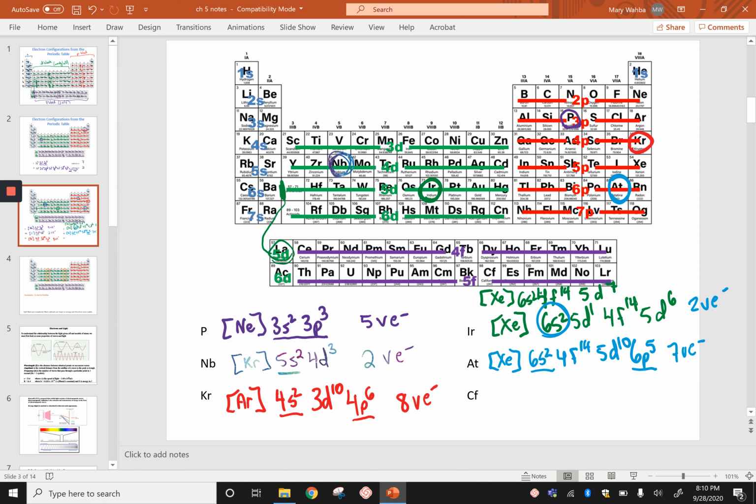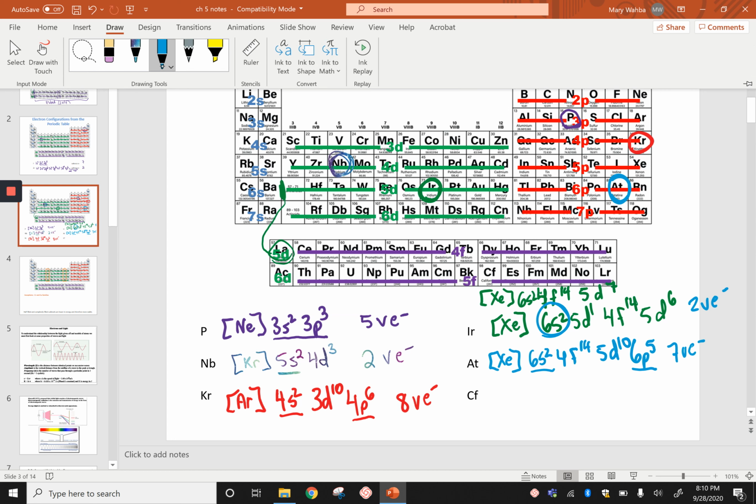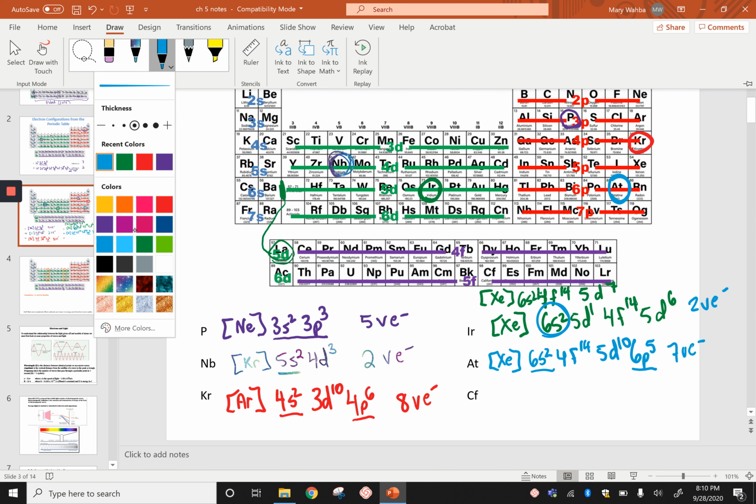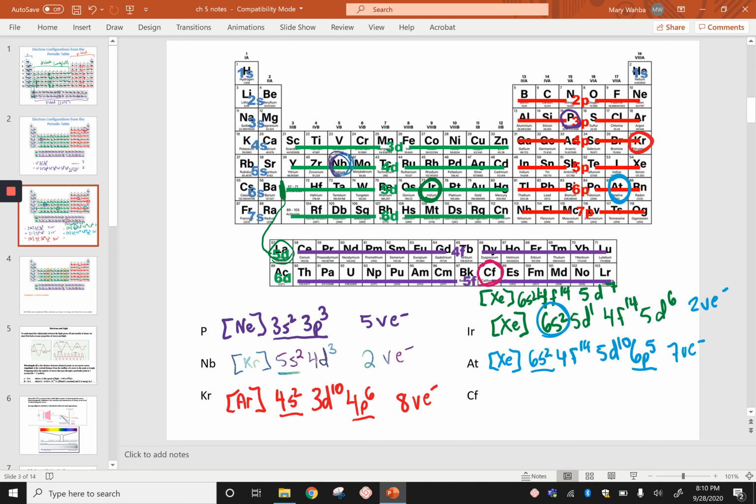Okay, californium is next. Let's pick a different color. Let's go with this one. Californium is an inner transition metal. It's right there. So let's see, where does this belong? This belongs right there, and so the noble gas that comes before it would be radon. Radon is right here. So we're going to write radon. And then what comes after that would be 7s2.